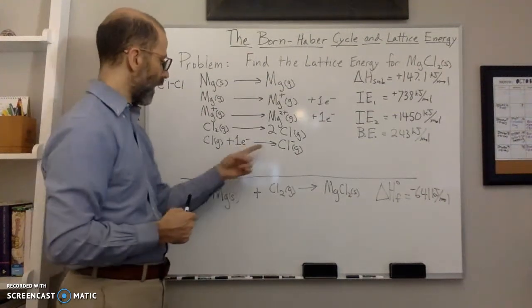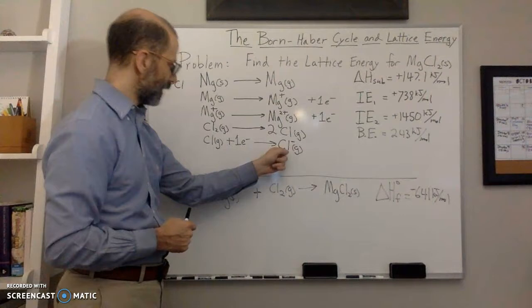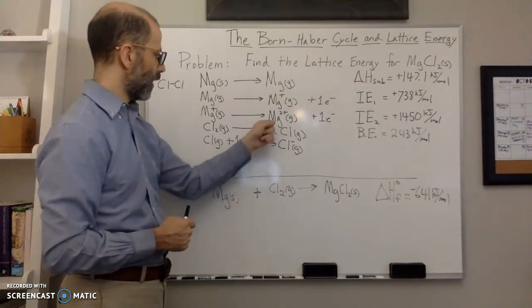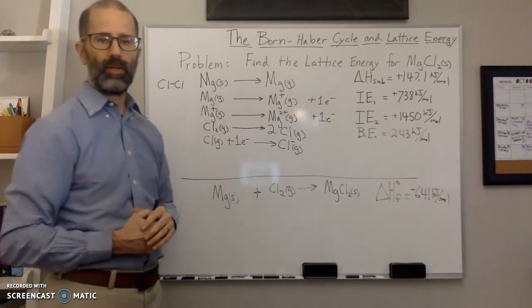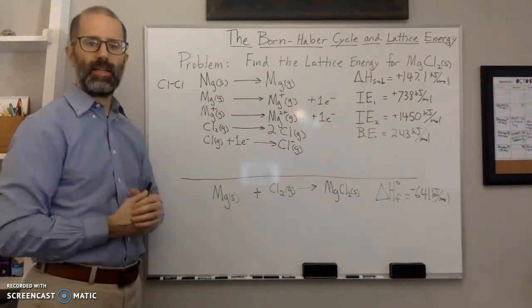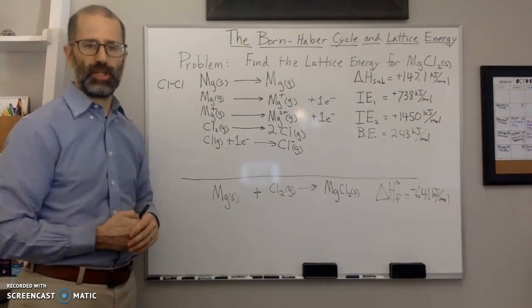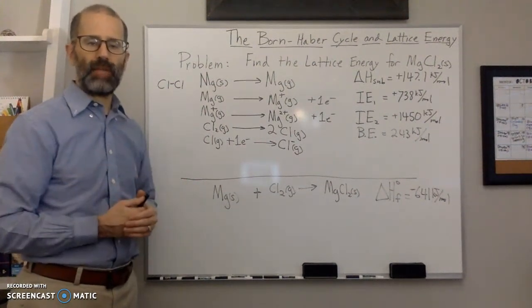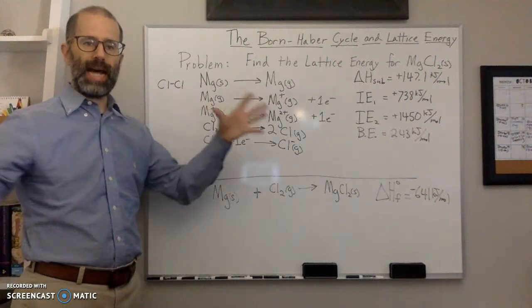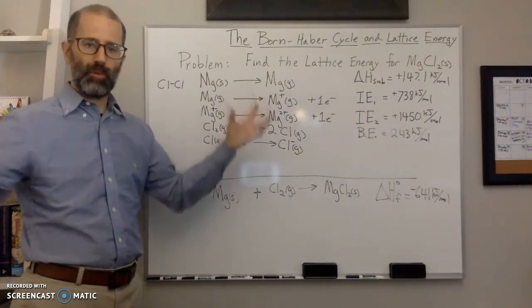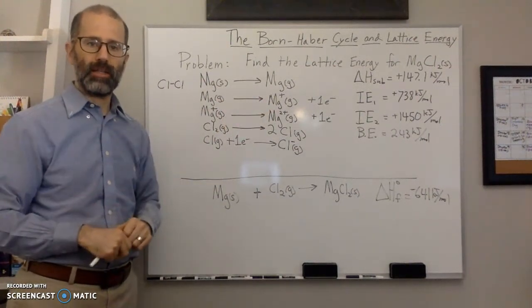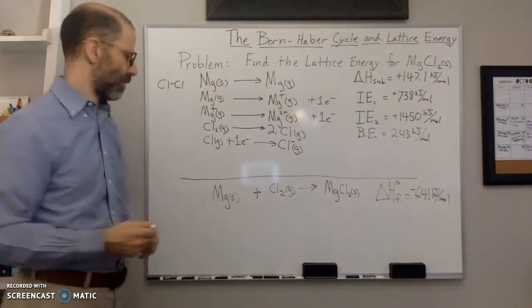Okay, so we have our gaseous ions here, our chlorine and our magnesium. The only thing we need left is the equation that represents the lattice energy. So what is, again, the definition of lattice energy? It's where you take your gaseous ions and bring them together into a solid. So let's write the equation for that.